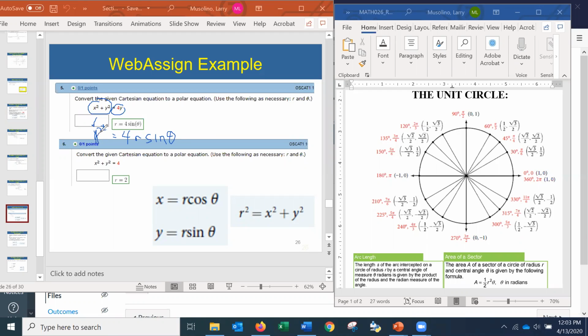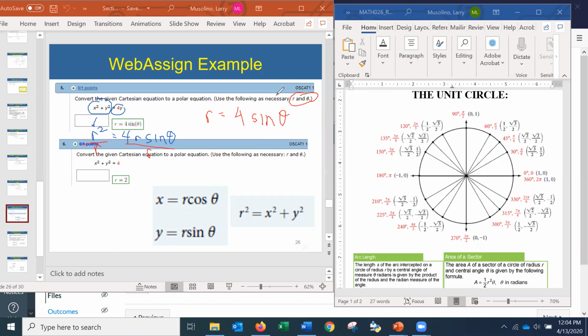Now I'm noticing that I can simplify by dividing both sides by r. So I'm going to divide both sides by r. And it gets me the final answer, r equals 4 sine theta. Okay, and remember that your answer should only have r's and thetas in it, no x's and y's.